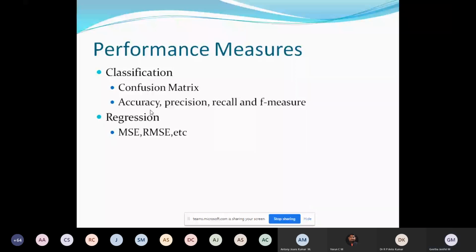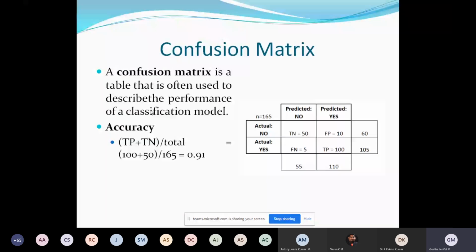Suppose we have a regression problem, then to measure its performance we use mean square error or root mean square error. Next I am going to talk about the confusion matrix, which is for measuring the performance of the classification process.